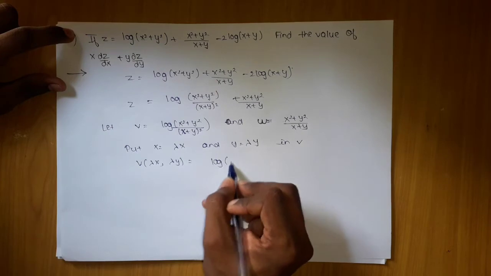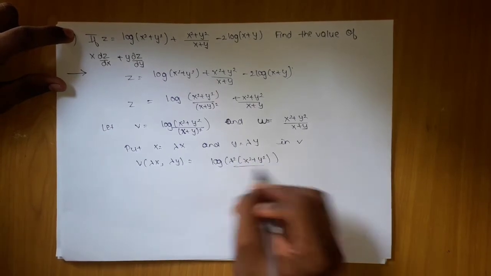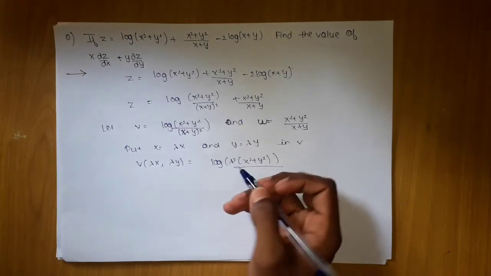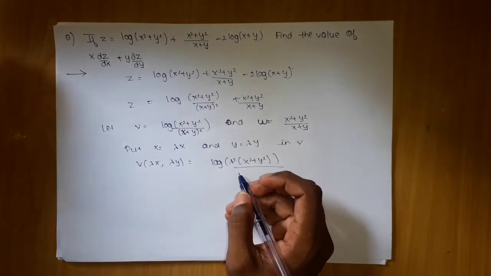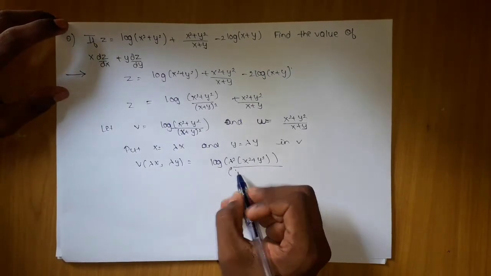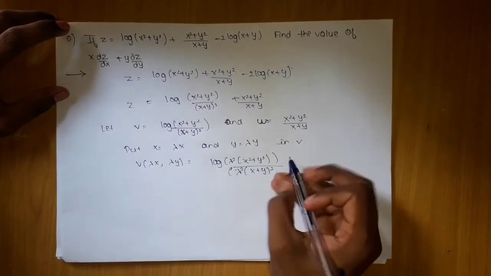Log, here it will be lambda square outside, lambda square x square plus y square. Some steps I skip because they are redundant, but you should do as many steps as you can. And here we get lambda square again, x plus y the whole square.